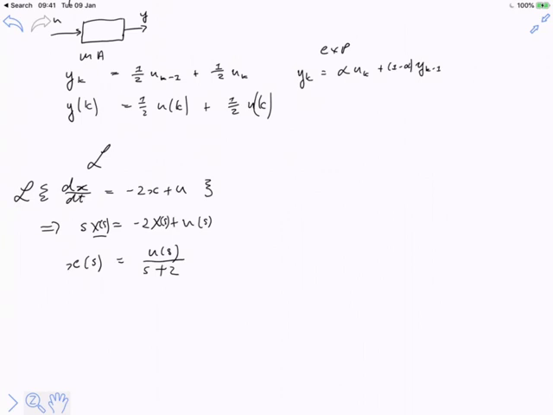Maybe those differential equations came from conservation laws, maybe an energy balance, maybe a mass balance. But all of these things that we did Laplace transforms of that featured differential equations, we ended up with a transfer function like this.